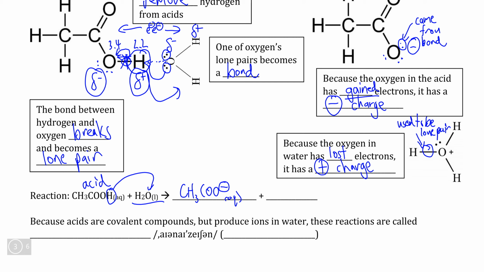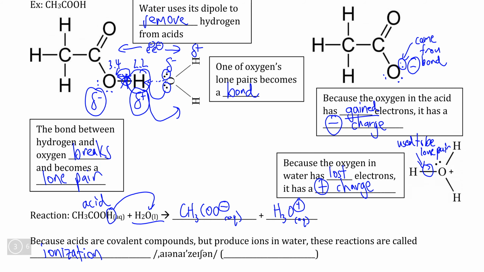Conversely, this hydrogen has been taken by water, which means that we have this H3O molecule here, and because it lost a lone pair in order to make the bond, it now has a positive charge. Now again, because acids are all covalent compounds but produce ions when we put them into water, this type of reaction is what we call an ionization reaction, because we are producing two ions when neither compound had any ionic charge before.